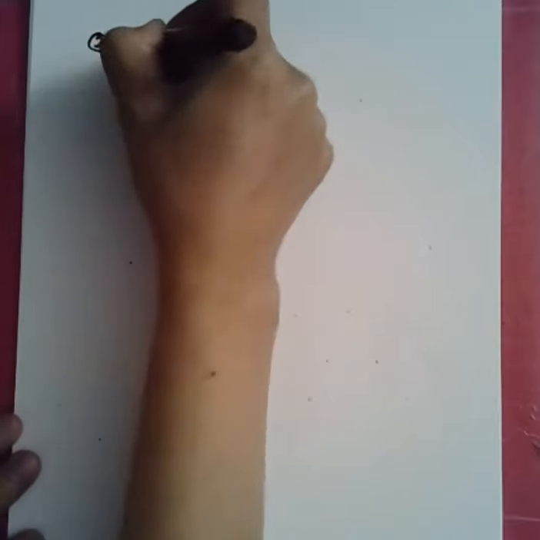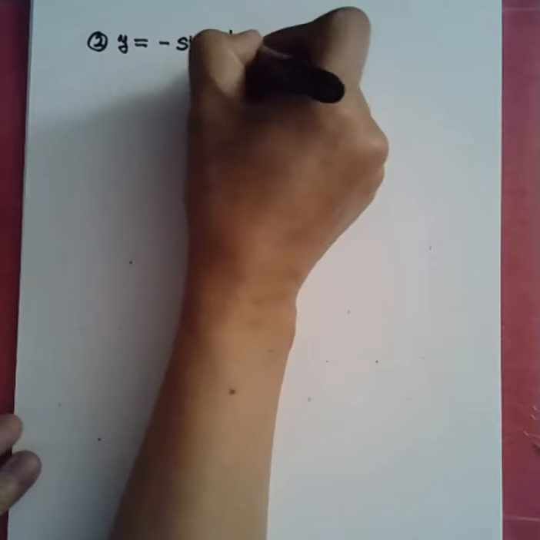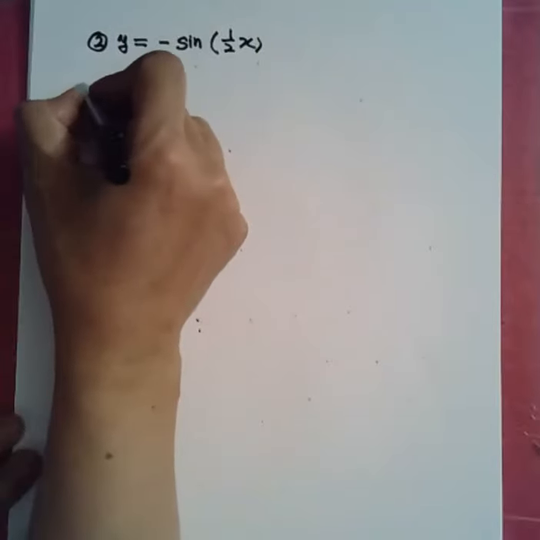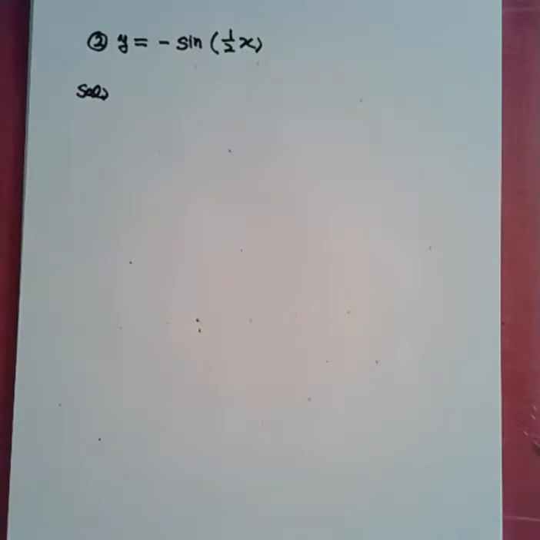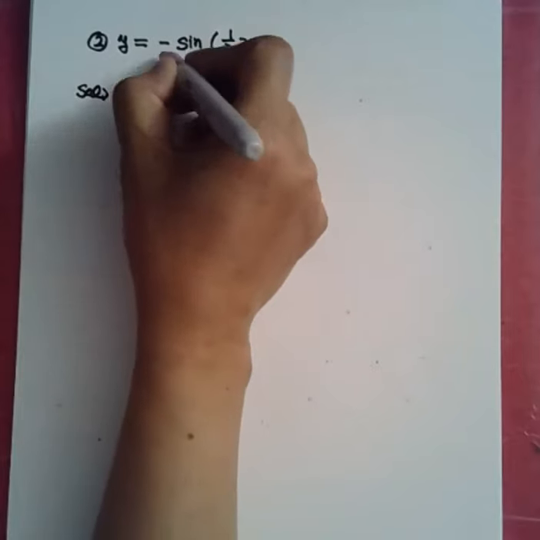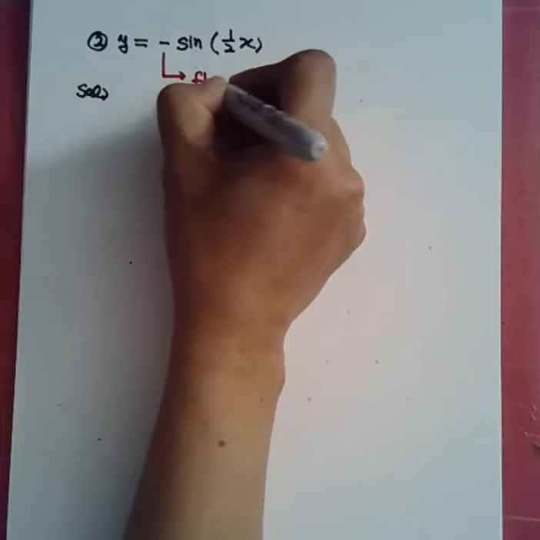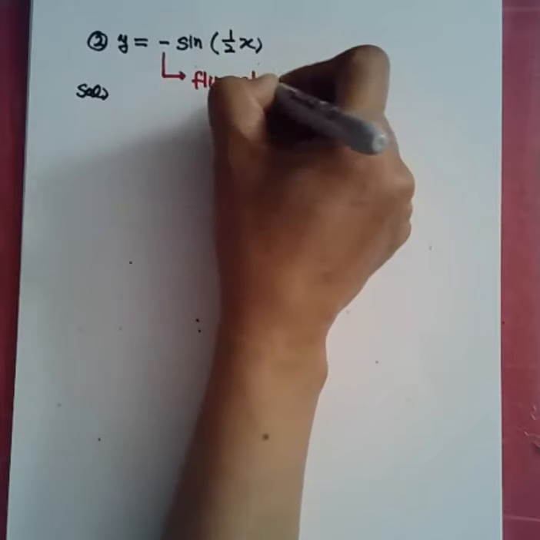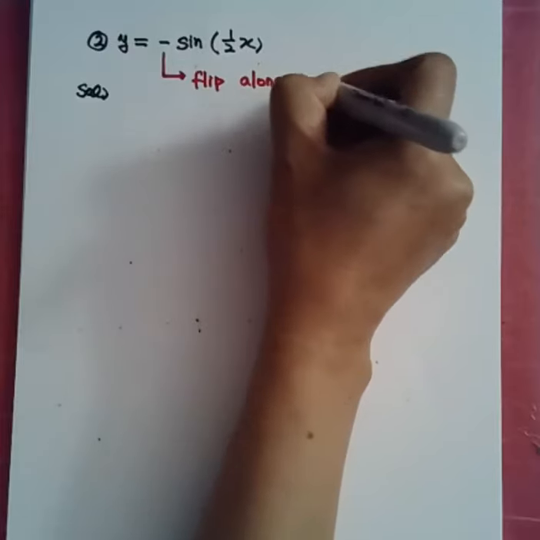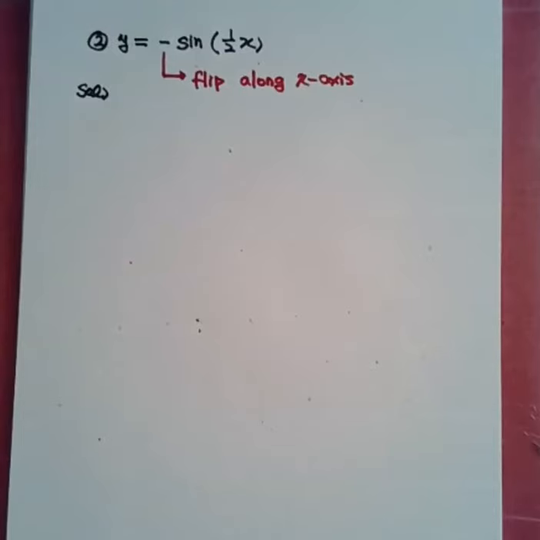Second question is y equals minus sine of 1/2 times x. If we think about the geometric meaning of minus multiplied to the function, that is a flip along the x-axis because we are switching the sign of the y value.